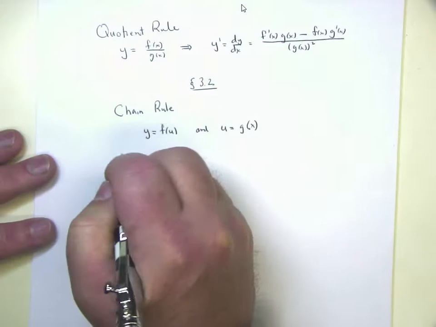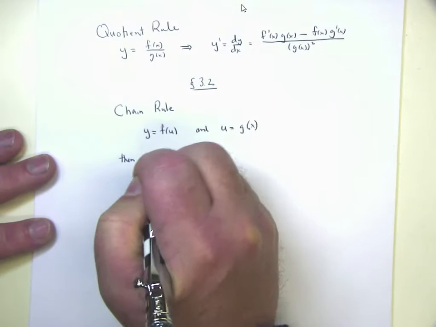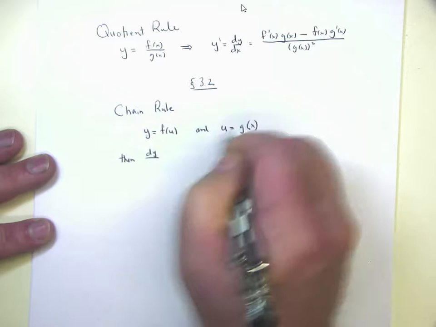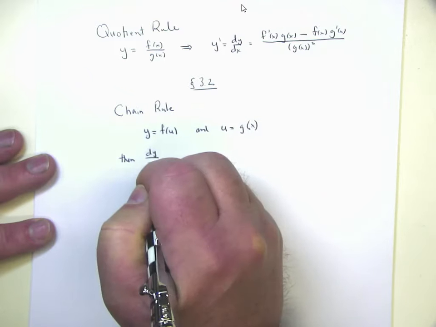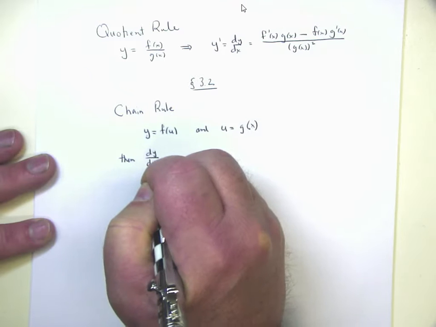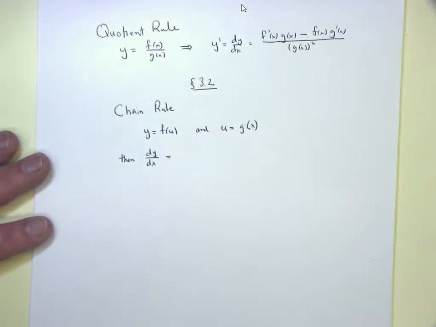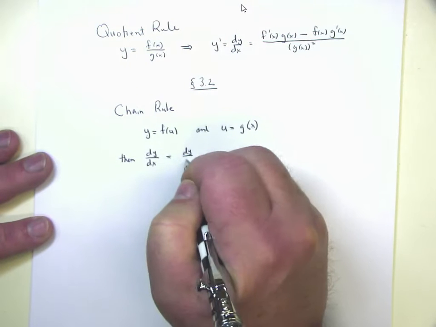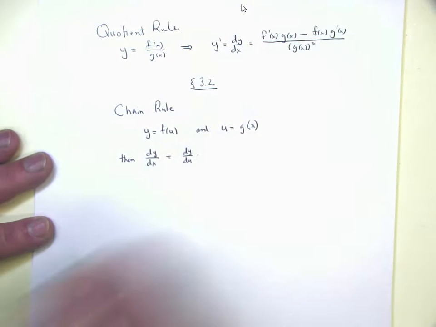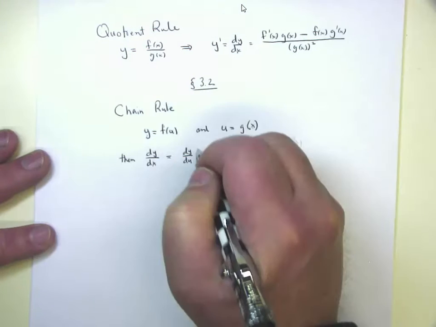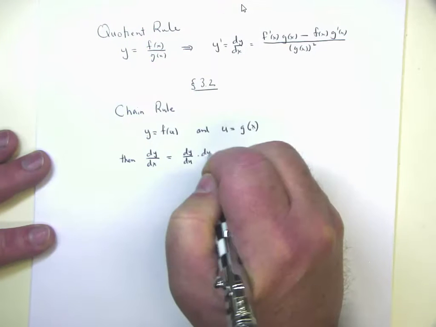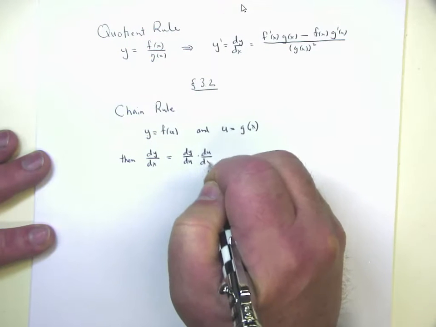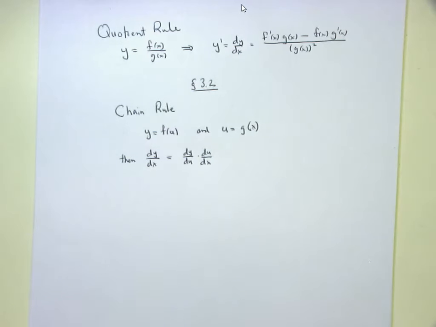Then, if you want to take dy, the derivative of y, with respect to x, dx, that would be equal to the derivative of y, but that variable is in terms of u, so dy over du, times the derivative of the u function with respect to x. Now this is your Leibniz notation of the chain rule.